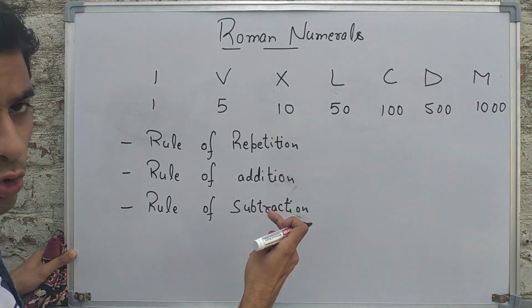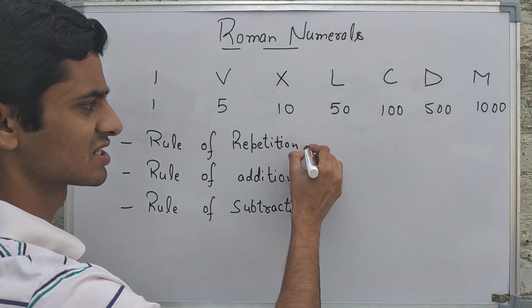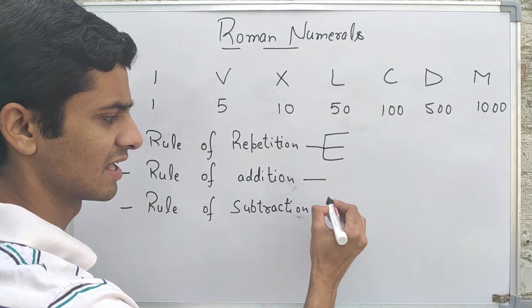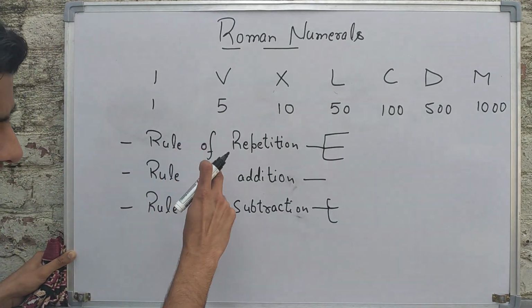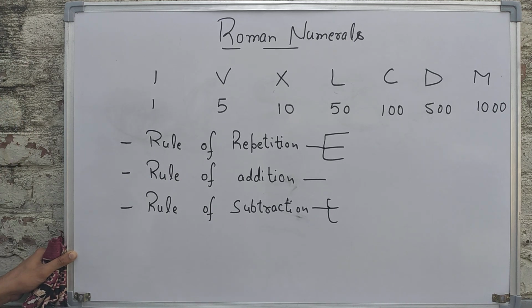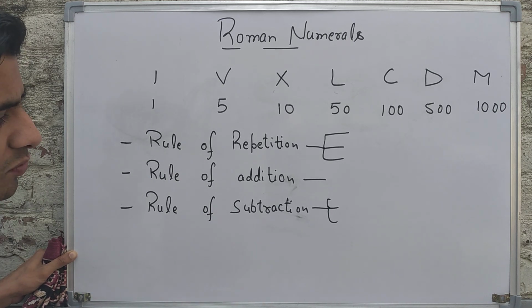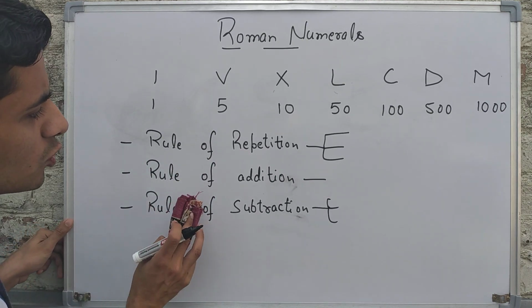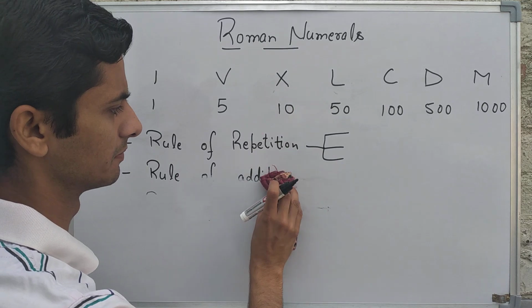Under these 3 rules, there are some sub rules also. When you understand all these rules, you can easily write any Roman numeral. So today we will learn about these 3 rules. Let us start first with the rule of repetition.